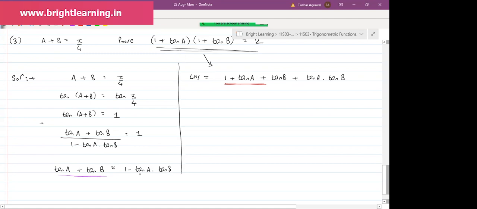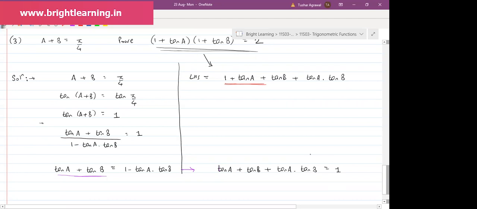So can you see that if I bring this tan A tan B to the other side, if I just reshuffle it, tan A plus tan B plus tan A into tan B is equal to 1. This much is known to me.